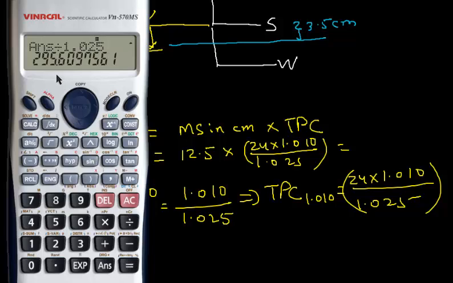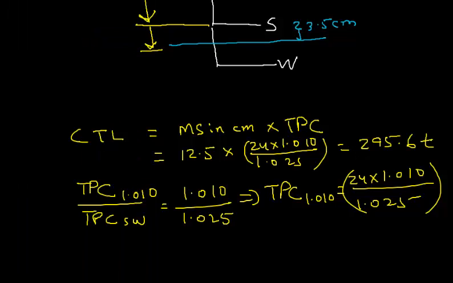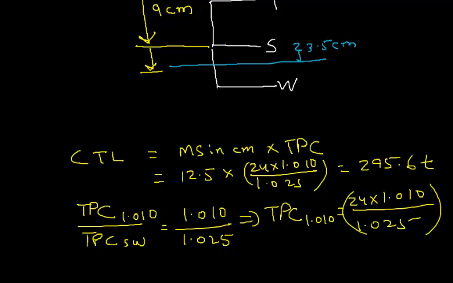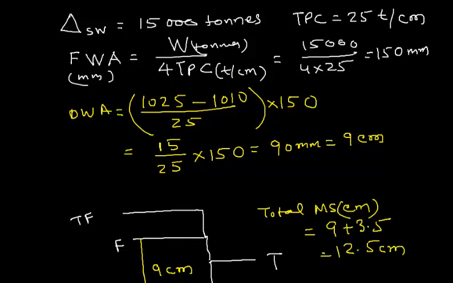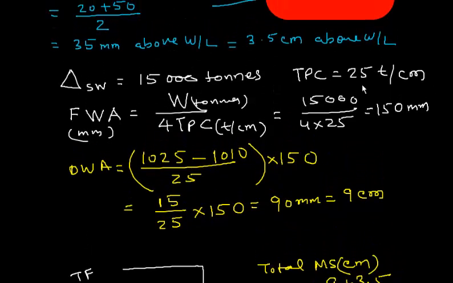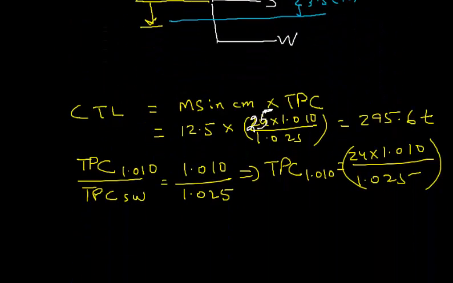So we get 295.6 tons. Oh, there has been some mistake. The TPC value is 25 actually. This is 25. Let me just correct. The value of TPC is 25. The TPC is 25 ton per centimeter. So I'm going to just correct this value.